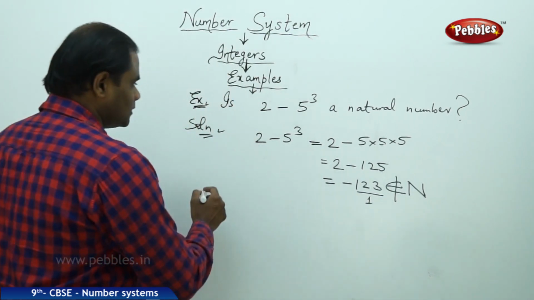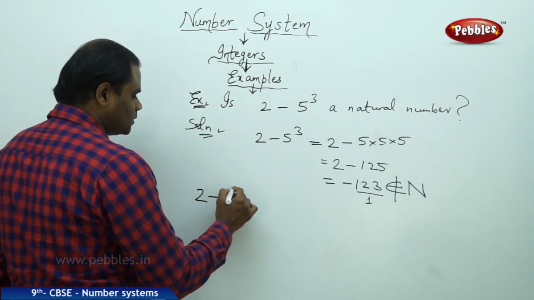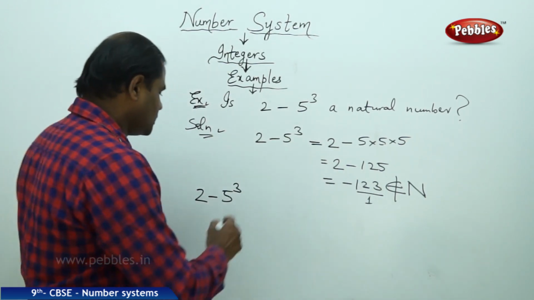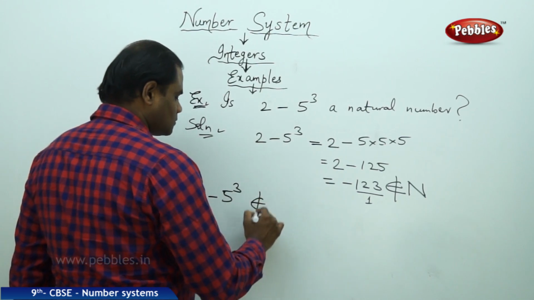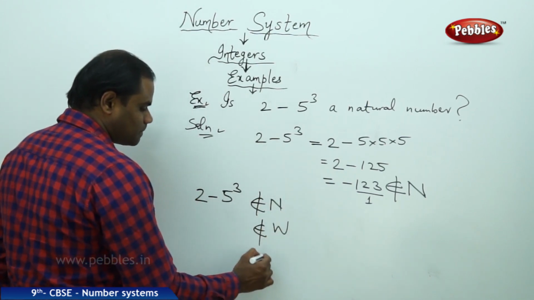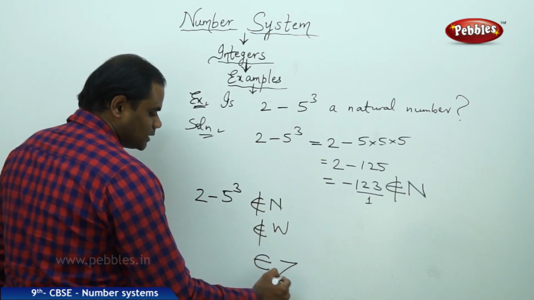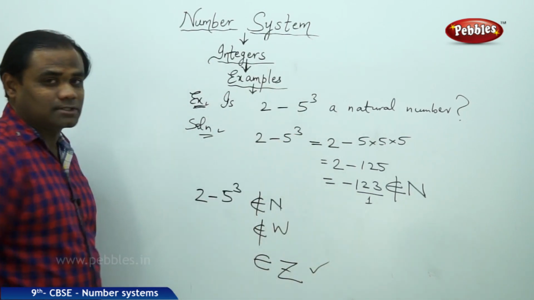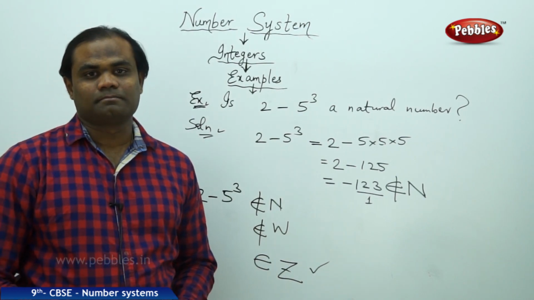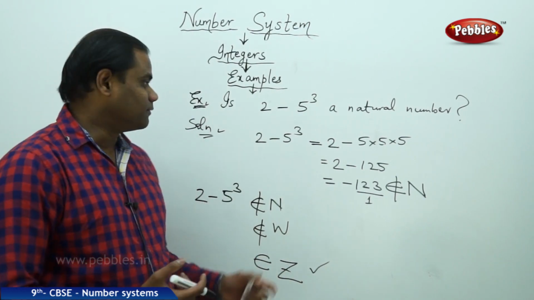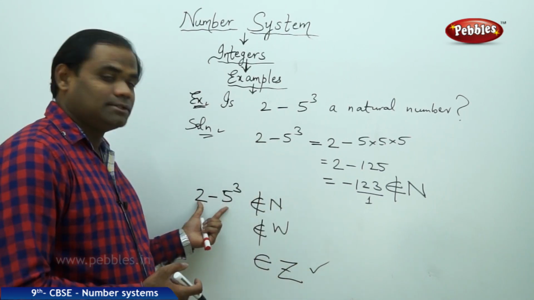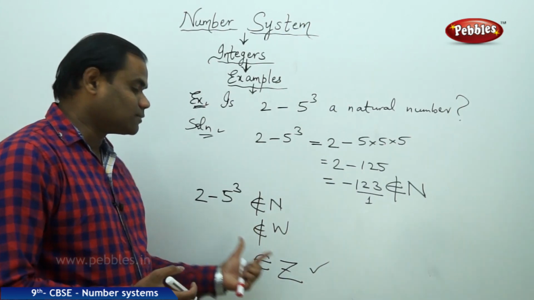Therefore, 2 minus 5 cube, which is indirectly expressed in the form minus 123, is not a natural number, is not a whole number, but is an integer, because it is accepted in the set Z. This is how we understand the different classifications of the numbers justified through N, through W, and through Z.